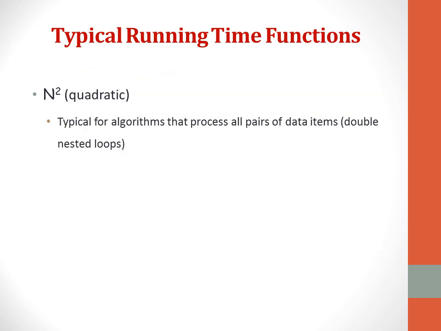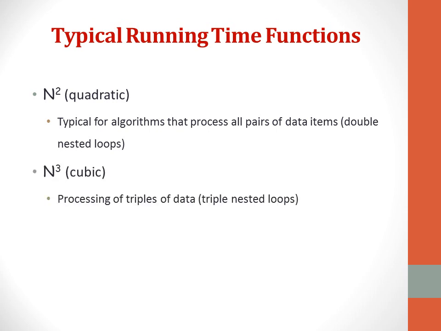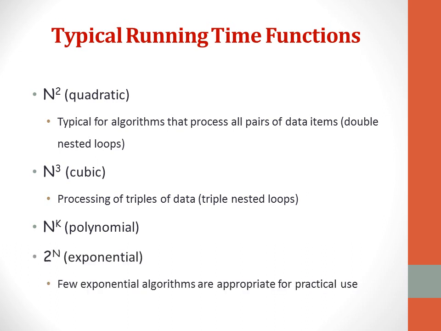Then n square, quadratic. We have seen a number of examples where for loops are executing one inside another. So that way n square, we'll call it quadratic. Then n cube, that is cubic, that is processing of triples of data, triple nested loops. Then n to the power k, polynomial time.